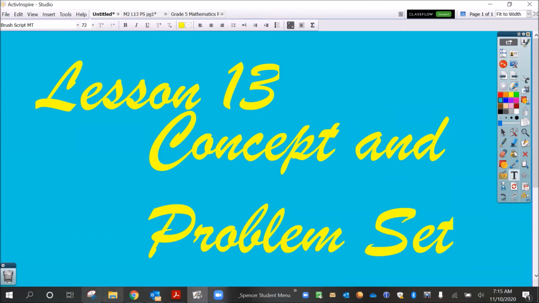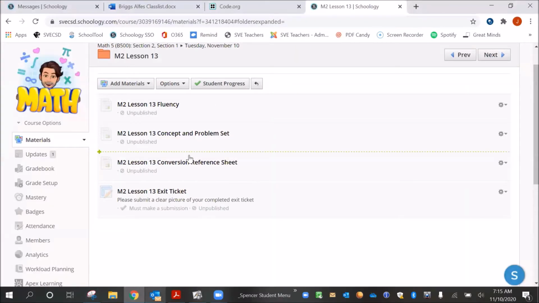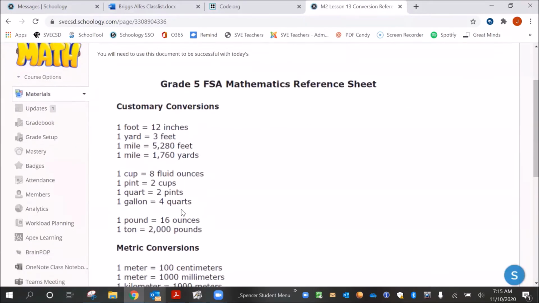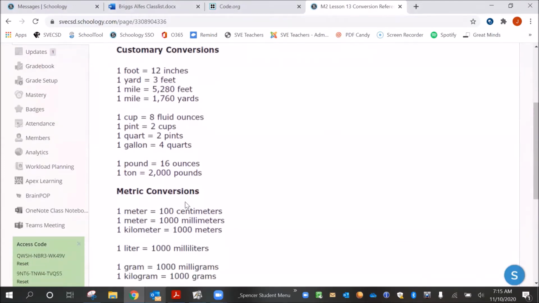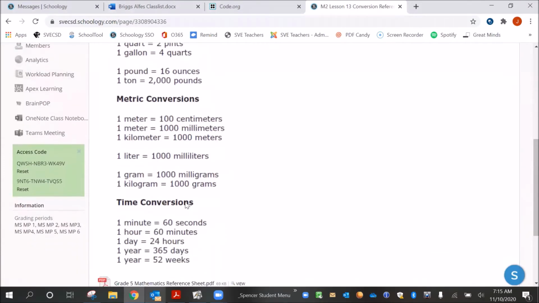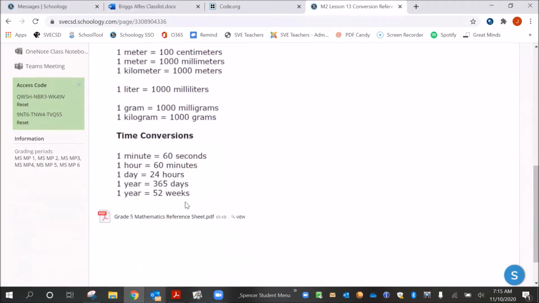And in today's lesson, you're going to be using a reference sheet to convert some of these units, and you'll see it. They're unpublished right now, but when you come into the conversion reference sheet, you'll have this reference sheet right here to use. And I'll be showing you how to use that.